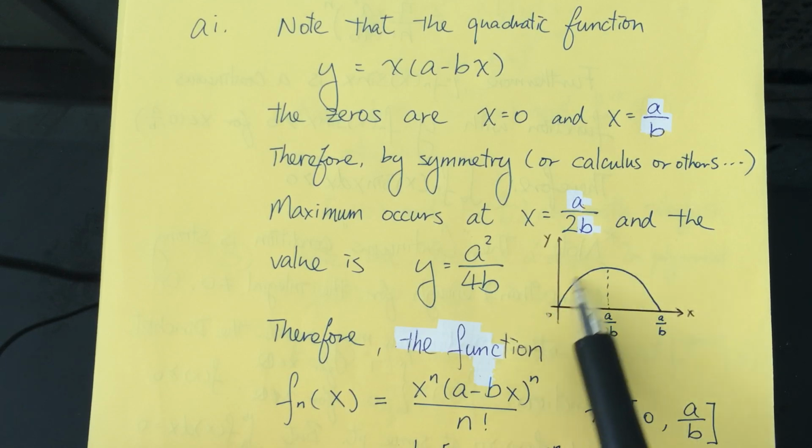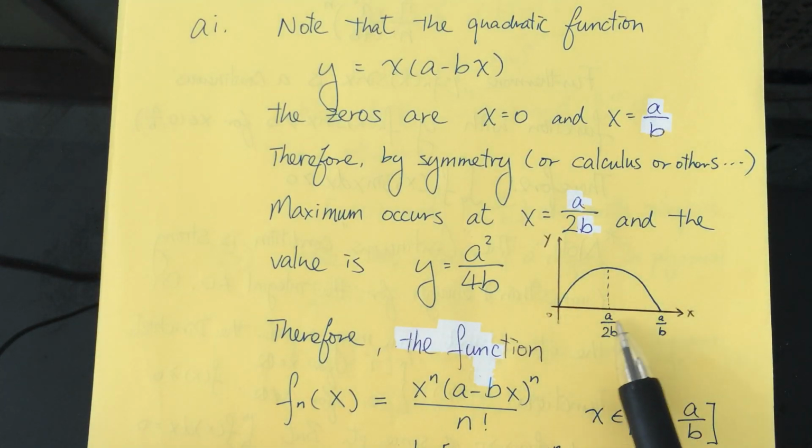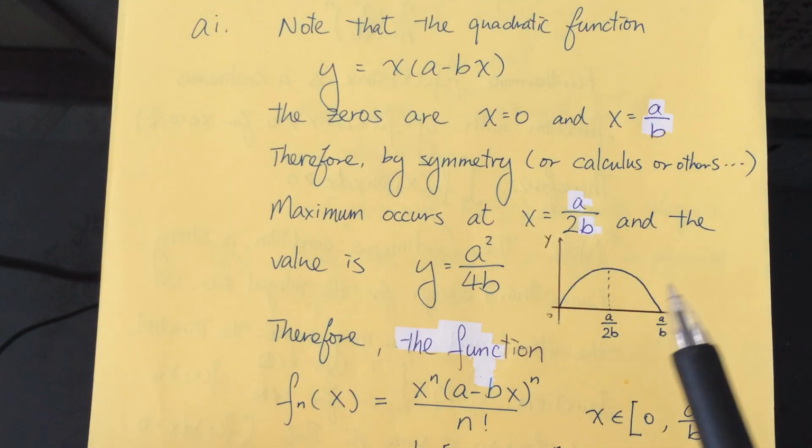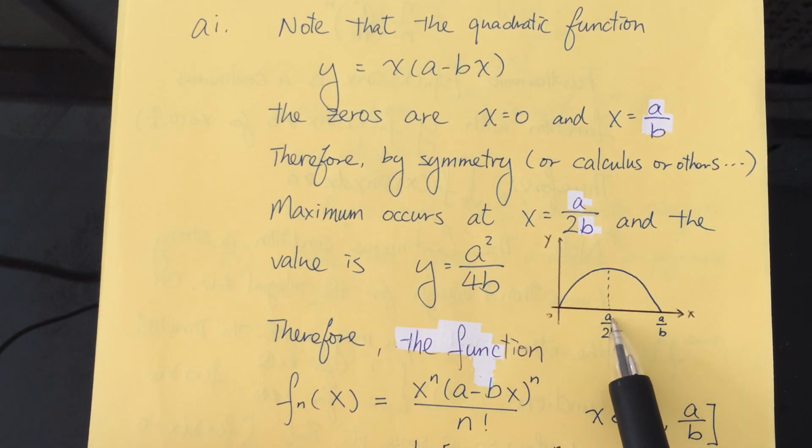And the graphical explanation is this: 0 and a over b are the zeros, while at the midpoint the maximum occurs.